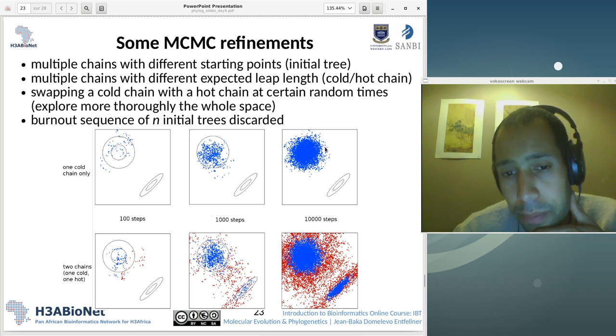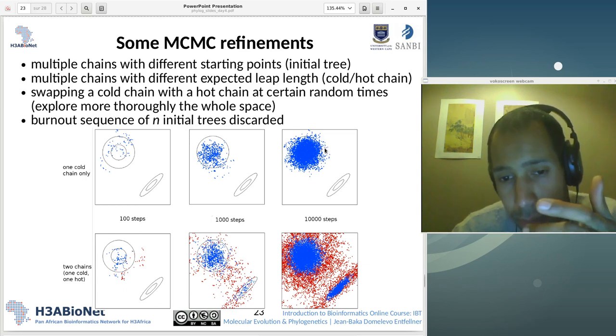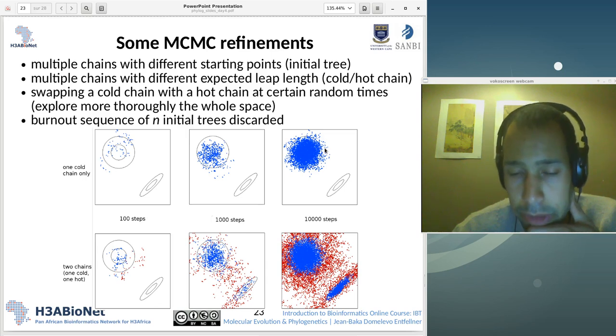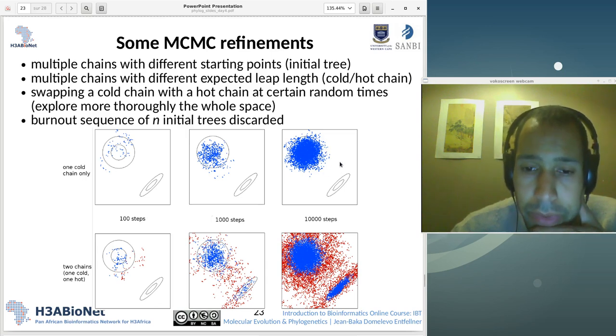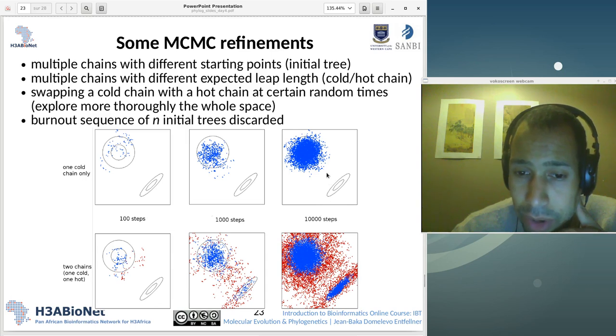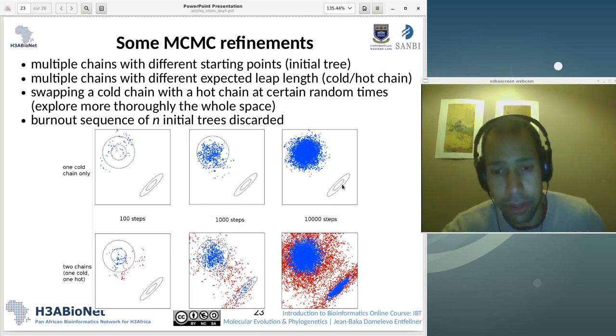But this jump is accepted with a lower probability, right? It is not possible in such an example for this ant to jump as far as this second peak, to explore this second peak, right?